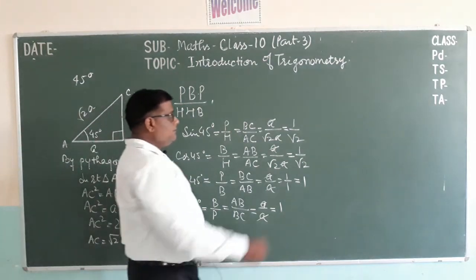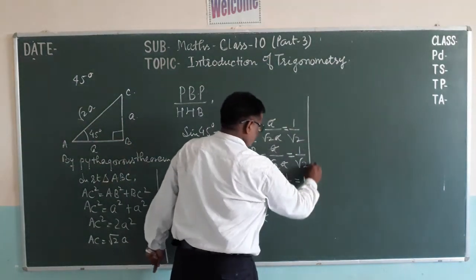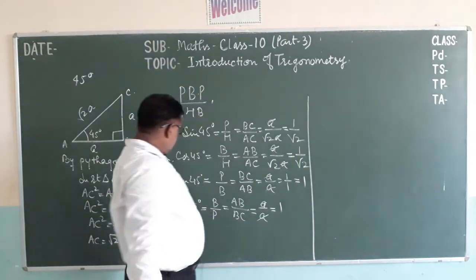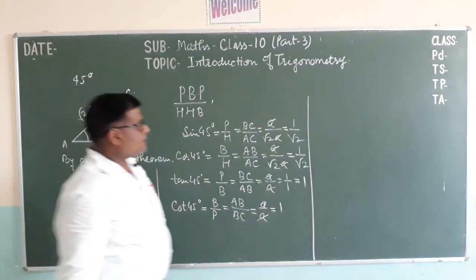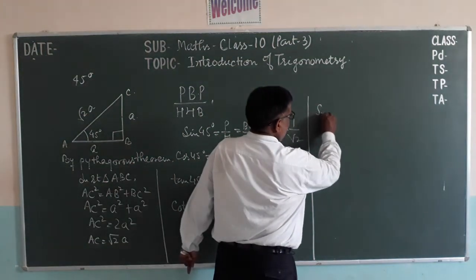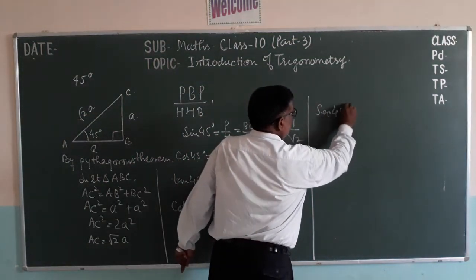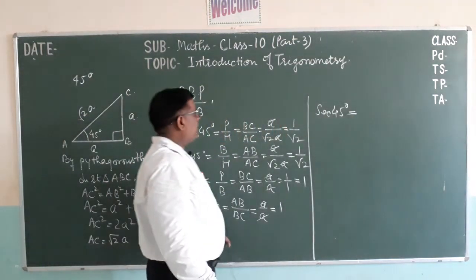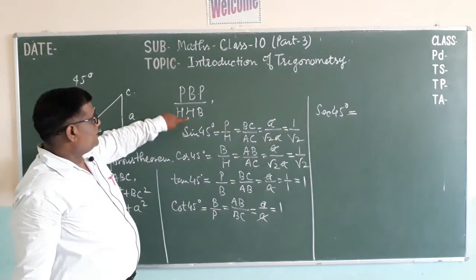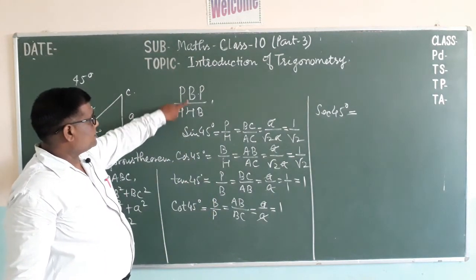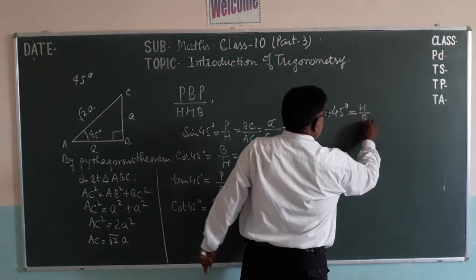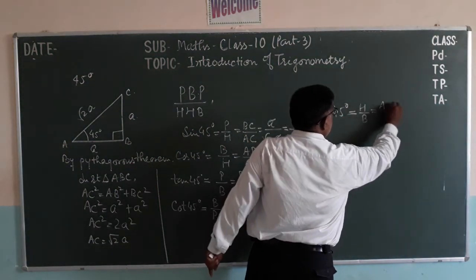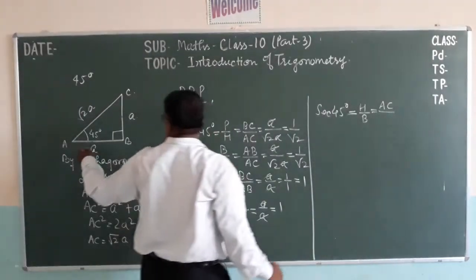Again, now we find sec 45 degrees, that is the reciprocal of cos. Cos means B by H, and reciprocal is H upon B. H is AC, and B is AB.